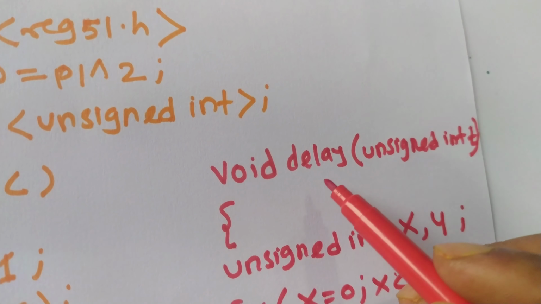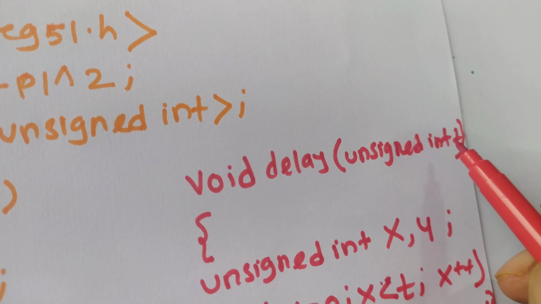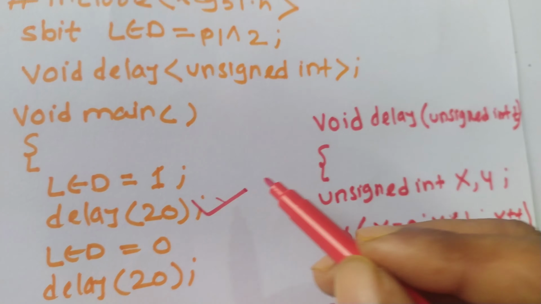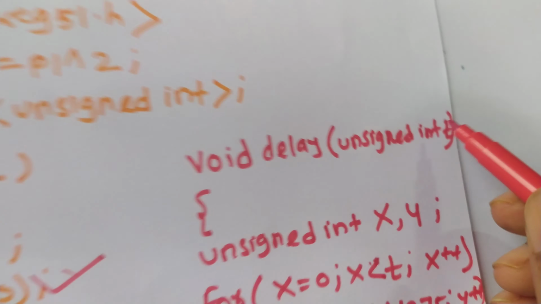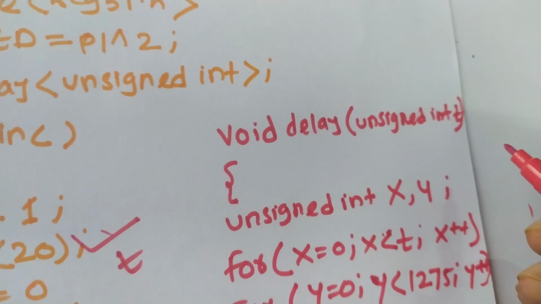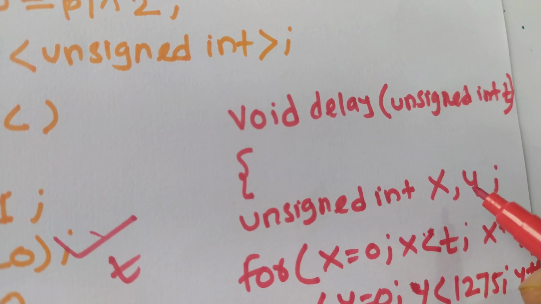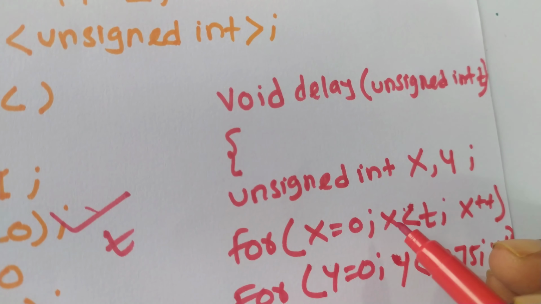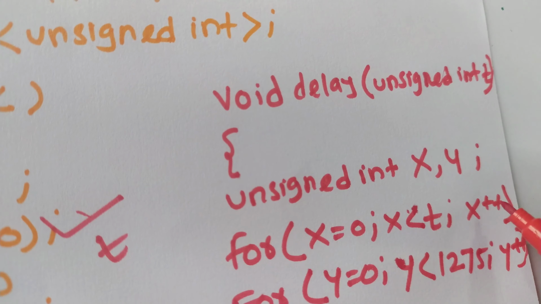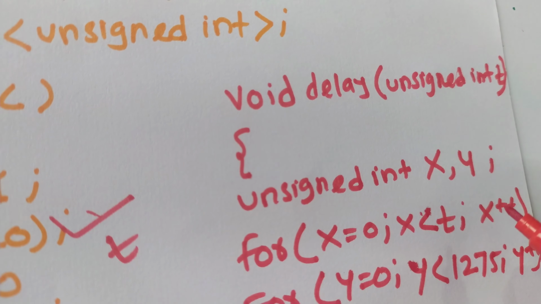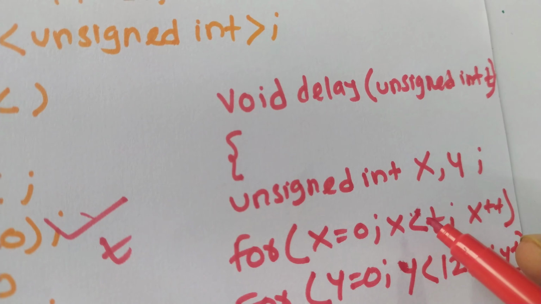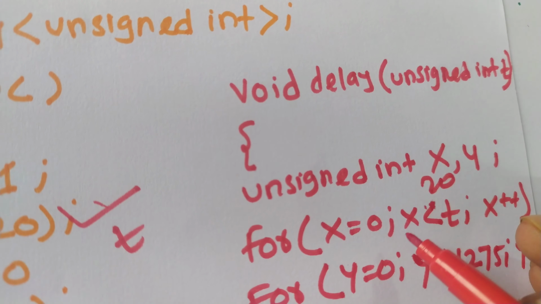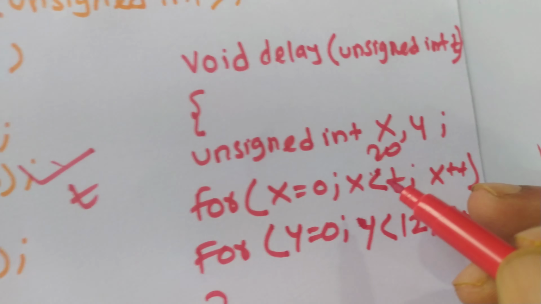Now, while delay with unsigned integer t: what is the value of t? The t value is nothing but the 20 milliseconds. Unsigned integer x and y are the two variables we used for the for loops. In the first for loop, x equal to 0, x less than t, x plus plus, so x is incremented by 1 up to t, that is 20. This first for loop executes 20 times.